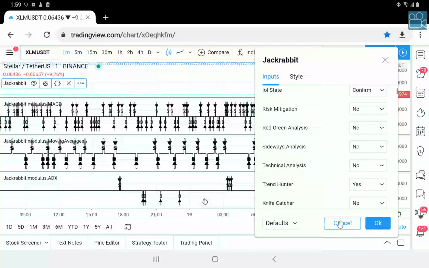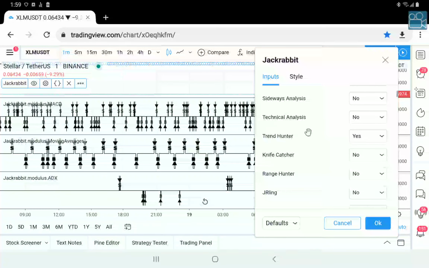That being said, yes, I said I'm going to eventually get rid of all of this. The Jackrabbit indicator is going to be relegated to legacy and eventually go away. But that's not going to happen until each and every single mindset has its own complete standalone module.